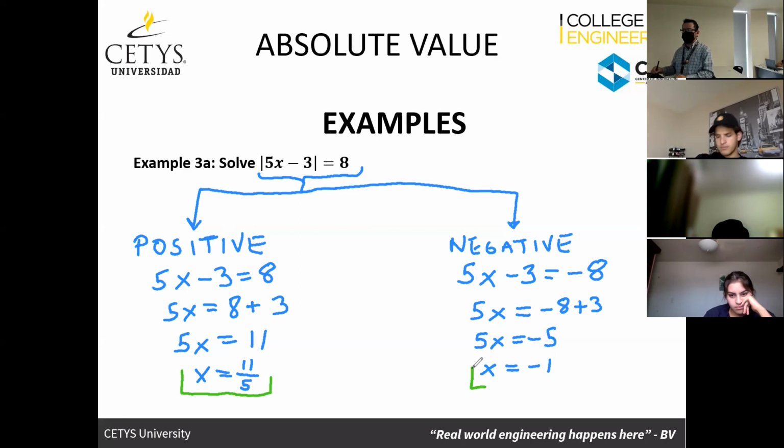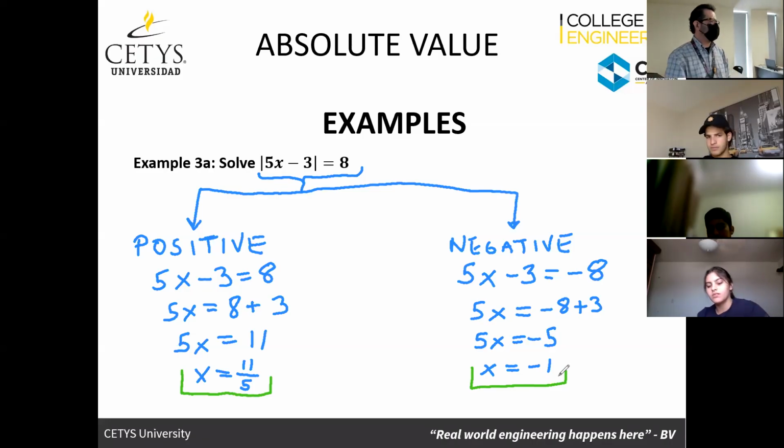This means that I can substitute 11/5 into the original expression, apply the absolute value, and I'm going to get an 8. And if I substitute the -1 into the expression and then apply the absolute value, I am also going to get an 8. Both are part of the solution set.